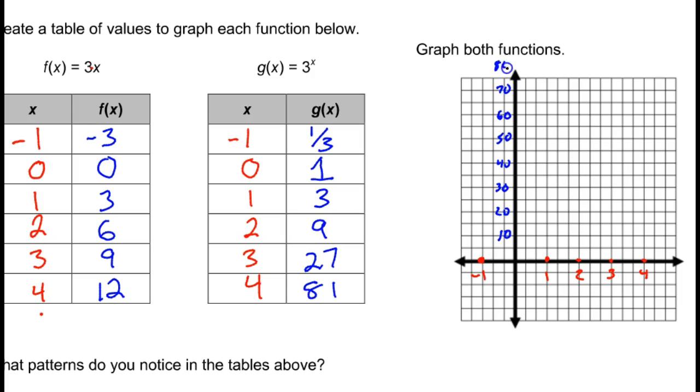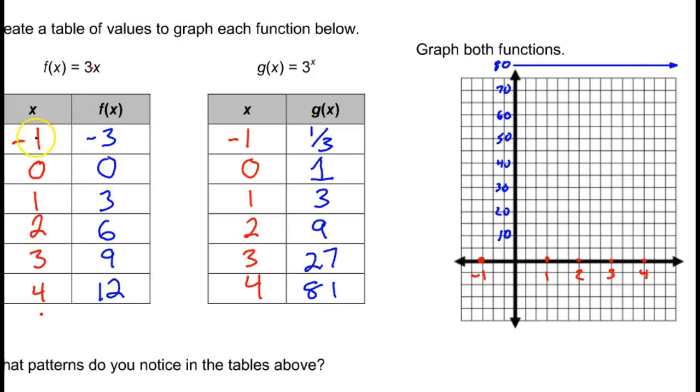I'll make an imaginary another row up here, 80. All right. So I can now graph all the way up to 81, just a little bit above there. Put a little line up here. Okay. And graph both of them.